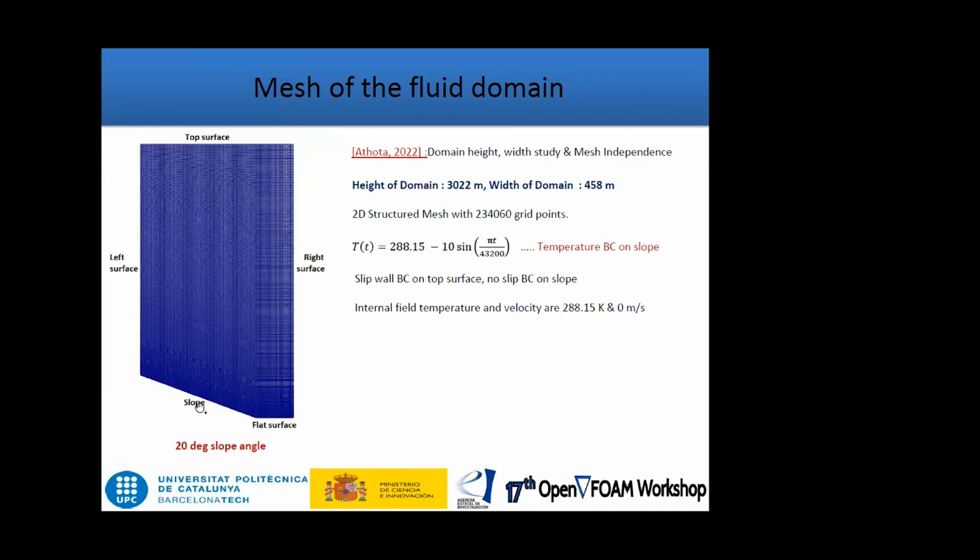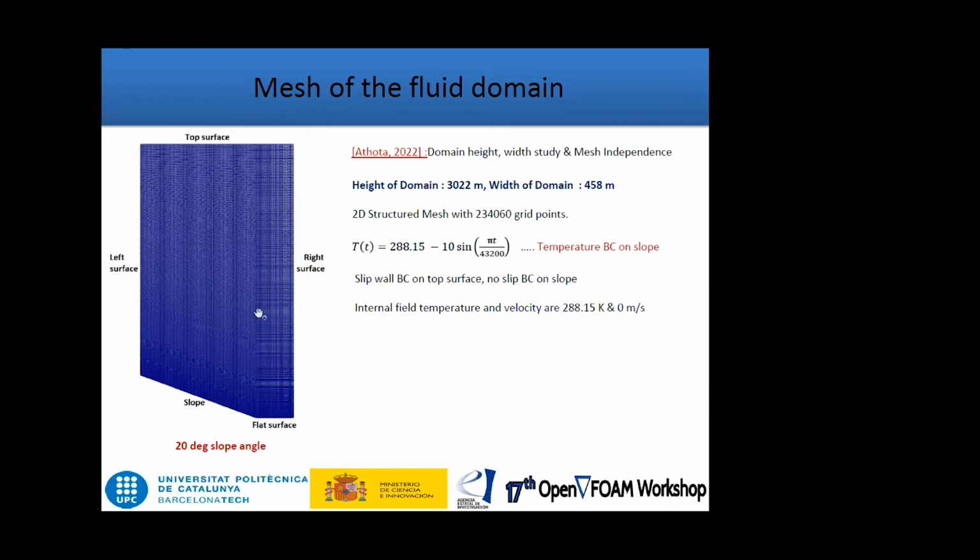On the slope I have used a no slip wall boundary condition, and on the left and right surfaces I have used symmetry boundary conditions. On the flat surface again a no slip boundary condition is used, and on the top surface a slip wall boundary condition is used.